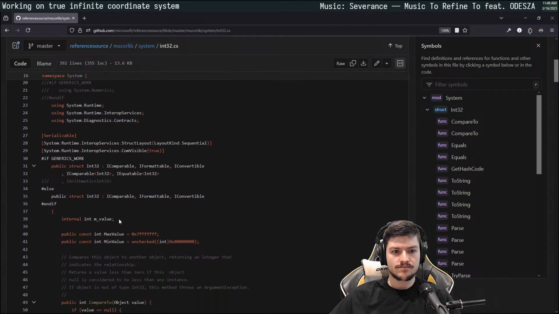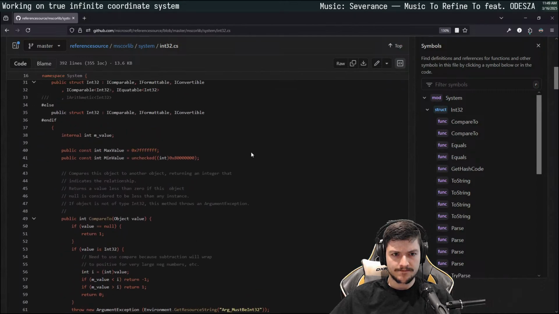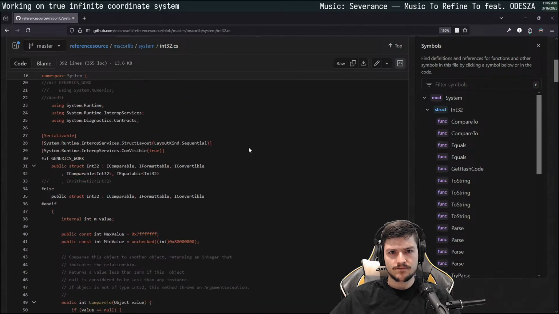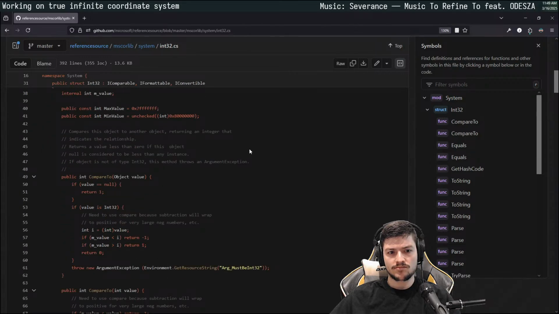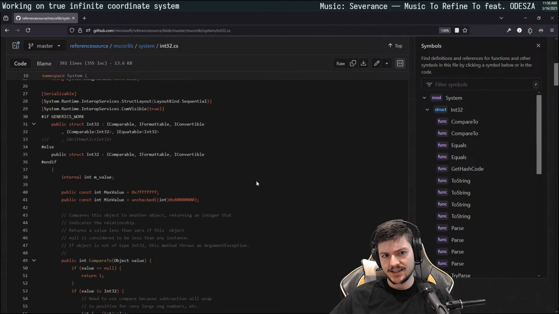So they called it M value. What is the M for? I forgot.